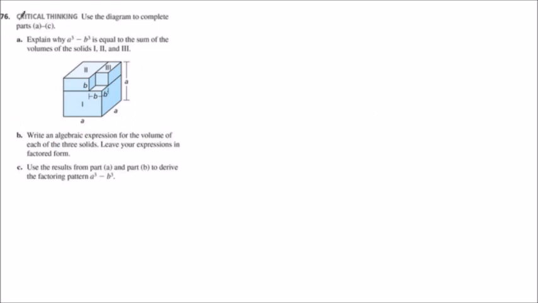Next, critical thinking. Use the diagram to complete parts A and C, and this is really nice. This is the reason why I implemented this. So explain why a cubed minus b cubed is equal to the sum of volumes of solids 1, 2, and 3.